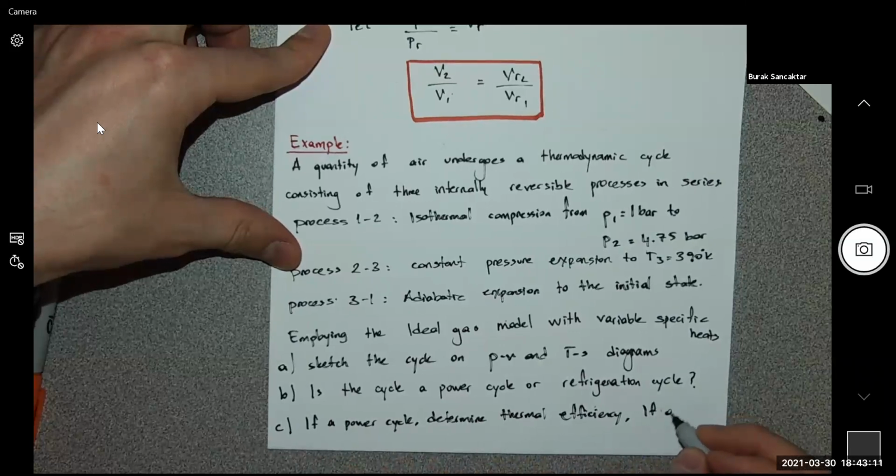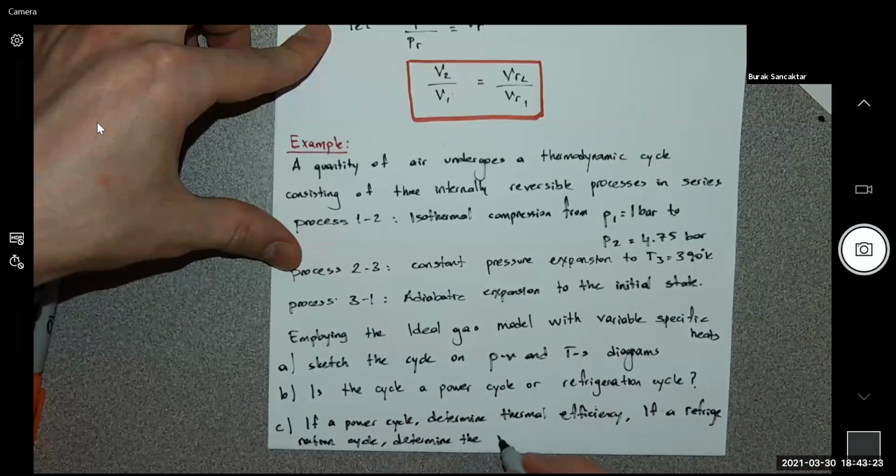If a refrigeration cycle, determine coefficient of performance.